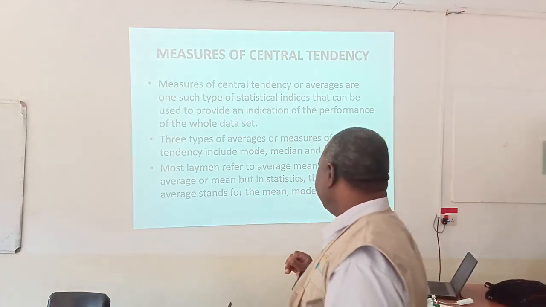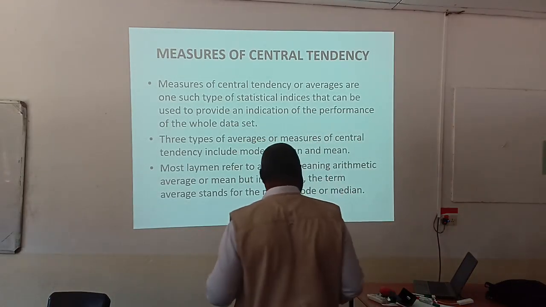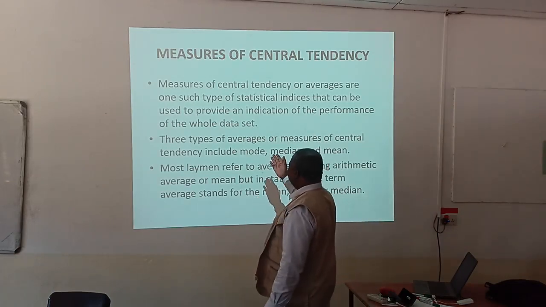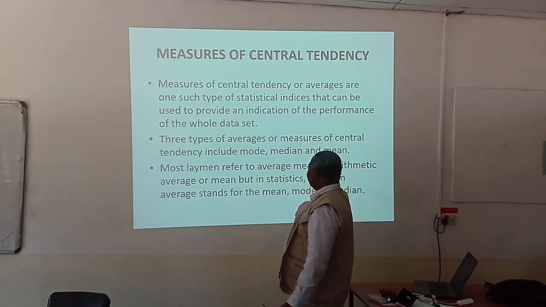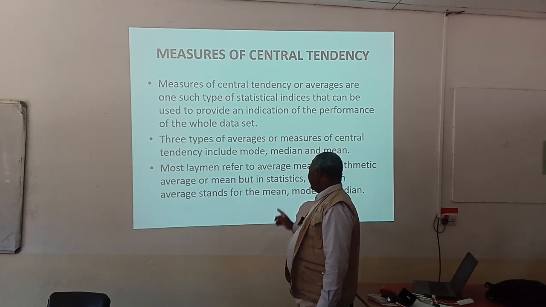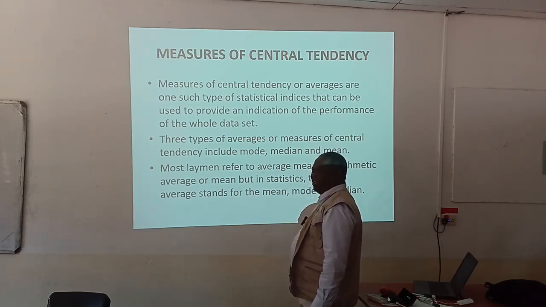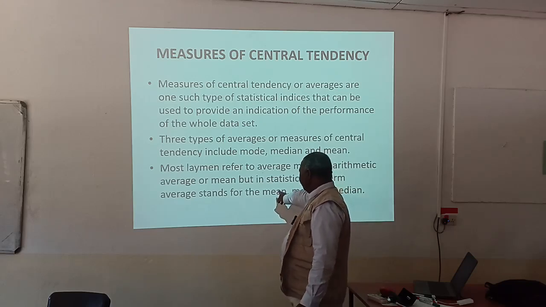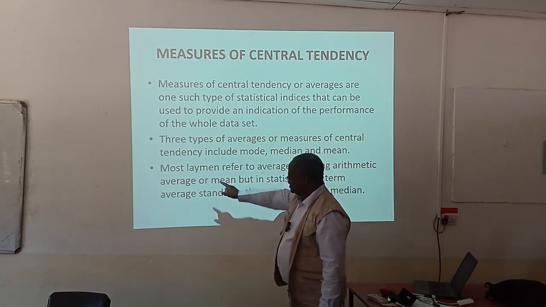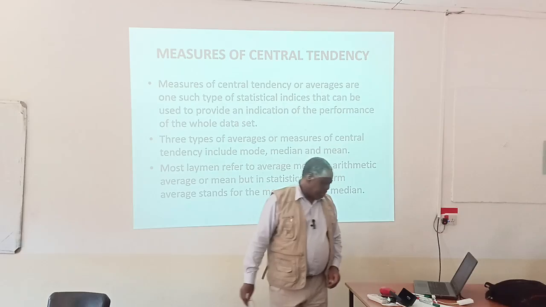Three types of measures of central tendency. These are measures of average. So when we talk about averages, we may mean a mean, we may mean a mode, we may mean a median. If you are talking about a mean and you call it average, then you should call it arithmetic average to differentiate it from the other types of averages.